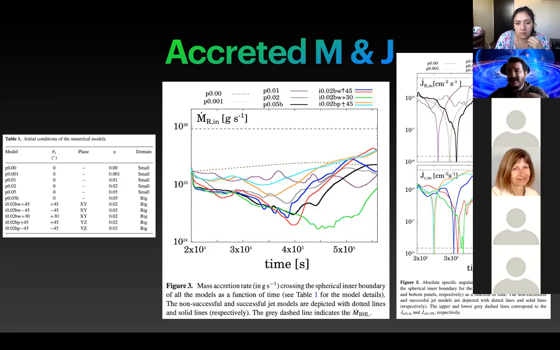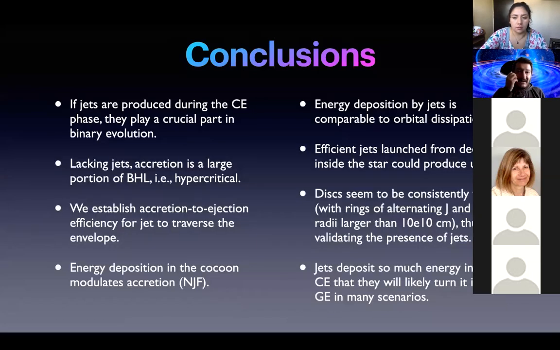The spikes going towards the bottom are just because we're plotting the absolute value of the angular momentum, so you will have flips in the direction, meaning different rings with different orientations of angular momentum.